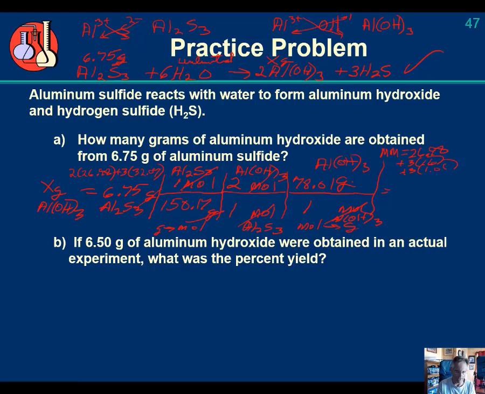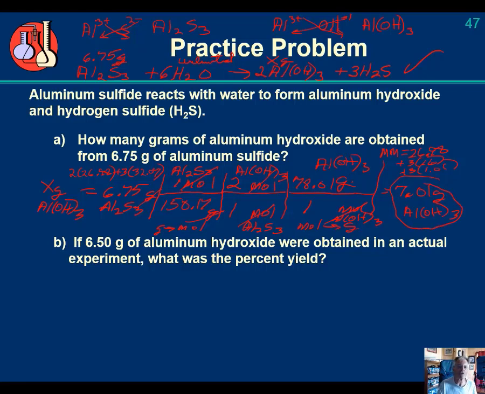I go 6.75 times 1 divided by 150.17 times 2 divided by 1 times 78.01. 7.01 grams of Al(OH)3.